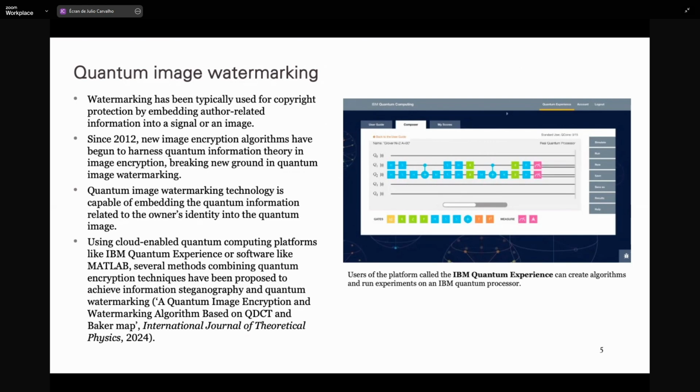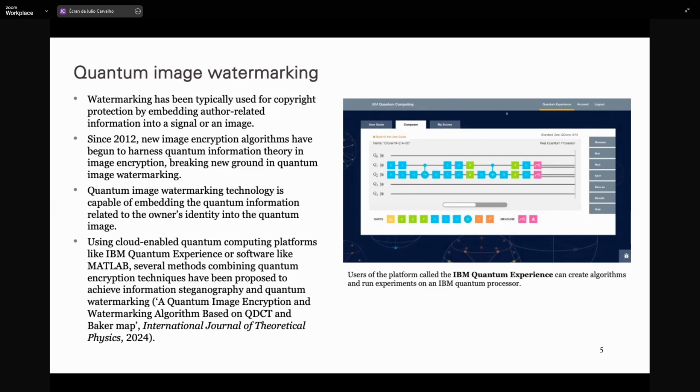This is a visual representation of certain experiments that have taken place. These are simulations, right? Using quantum algorithms to develop watermarking techniques.